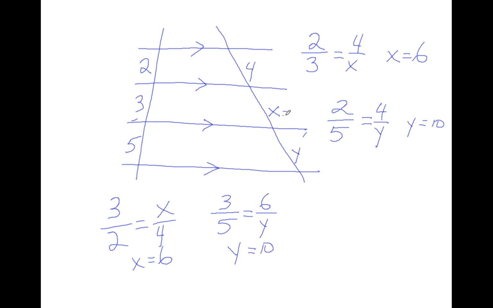So this is 6, this is 10. You can also tell that this whole side is 10, and this whole side over here is going to be 20, which is a 2-to-1 ratio.